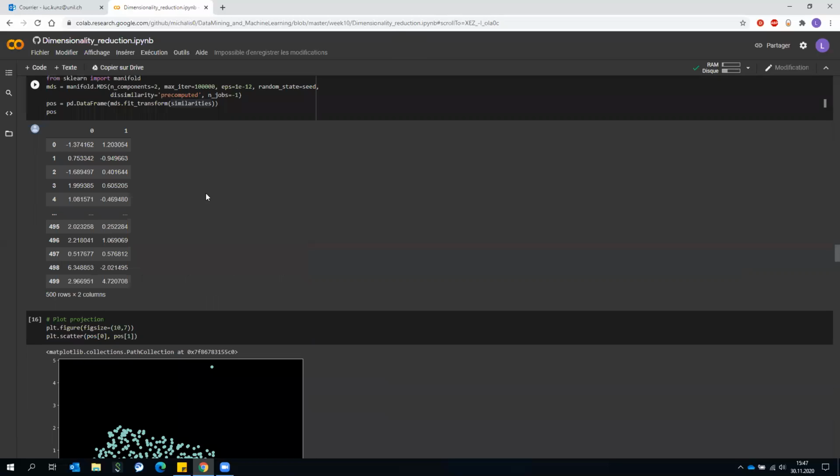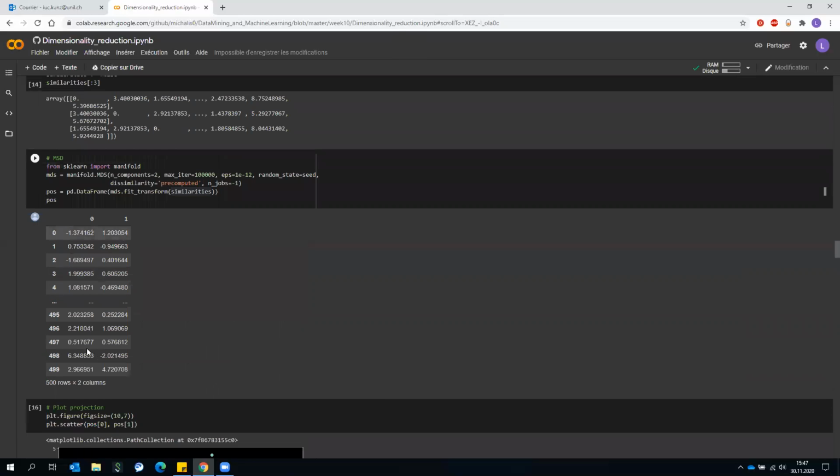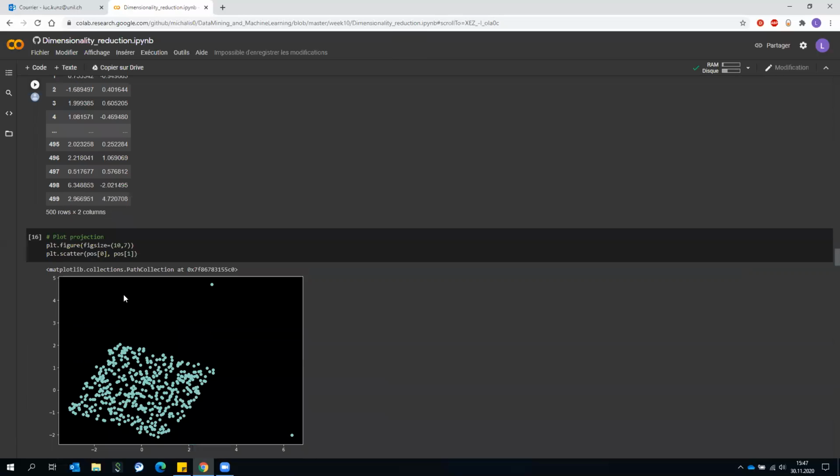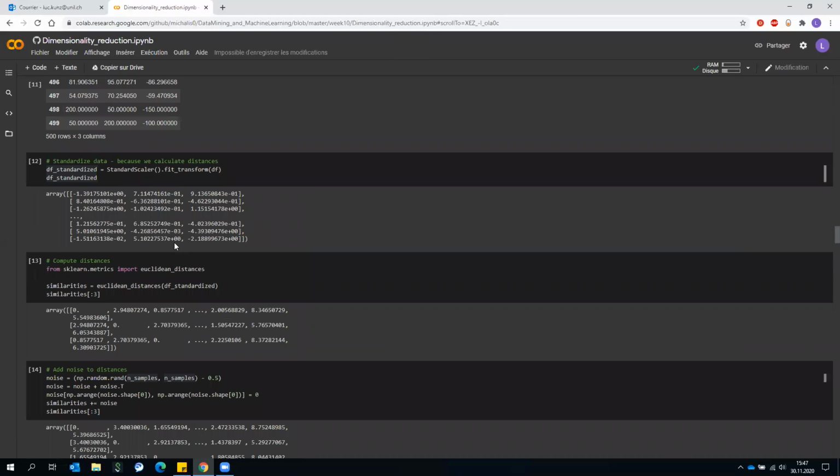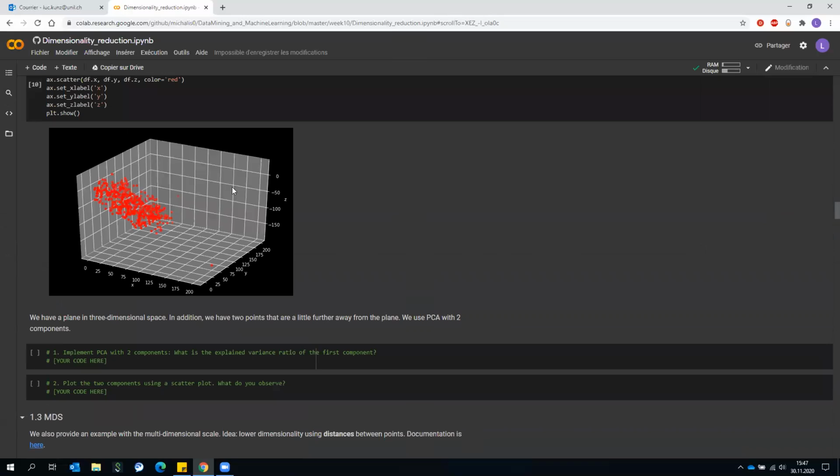And so we have the two components and the projection, and you should have obtained something similar with the PCA example. It's as if we have taken a picture of the plane from above or below, but with maximum variance.